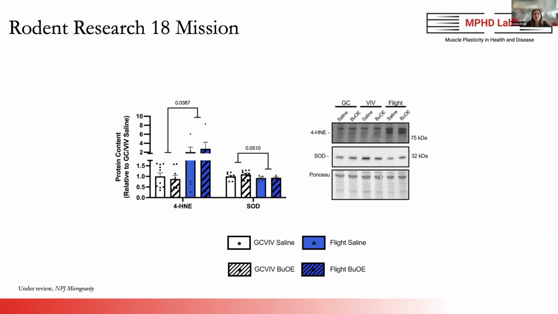So to look a little bit further into this, we also investigated protein content of SOD, which is a natural antioxidant enzyme found in our cells, and BuOE is actually a mimetic for this protein. We did find reductions in SOD content following spaceflight, again, no effect of treatment. So we're hypothesizing that perhaps the reduction of SOD with spaceflight is offsetting any sort of potential effect of BuOE on reducing 4-HNE and ROS content.